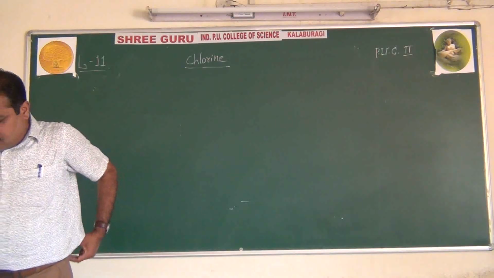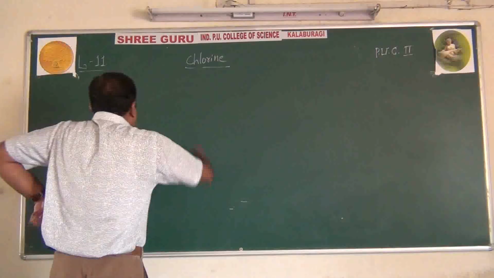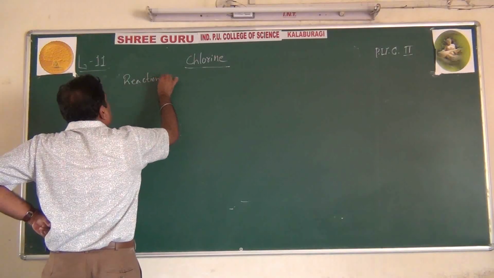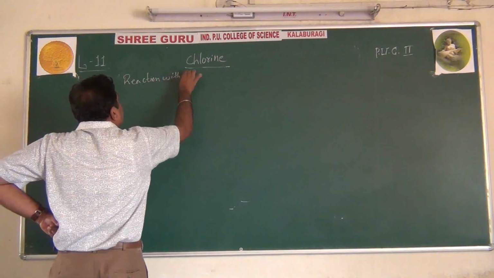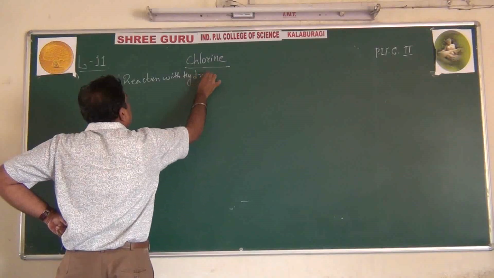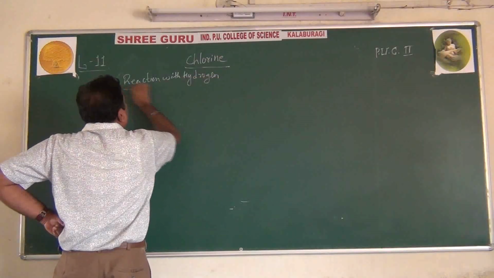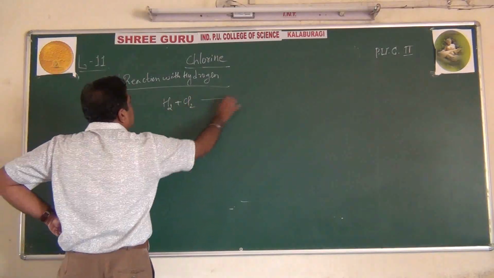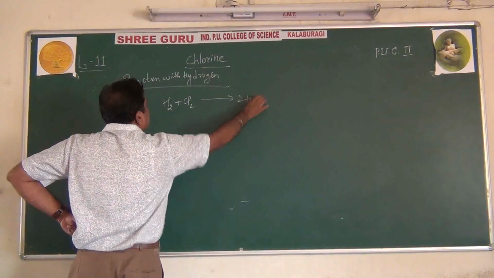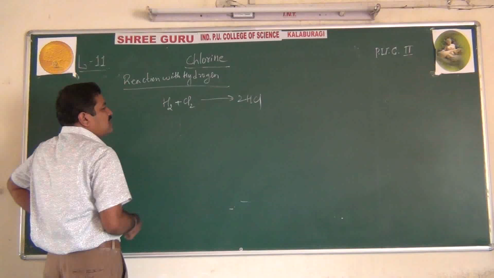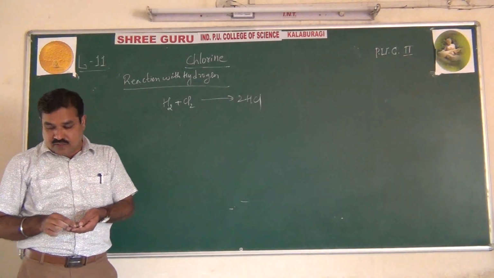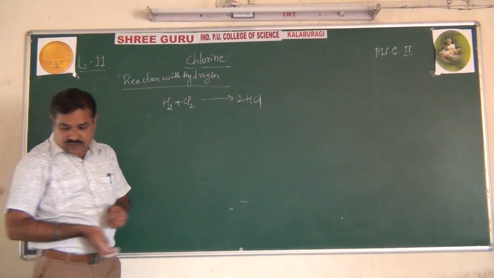Not only that, sorry, before that, reaction with hydrogen. See, chlorine reacts with hydrogen, very simple, combines to form 2HCl, hydrogen chloride. Not only like that, even it reacts with the compounds of hydrogen and forms respective compounds.